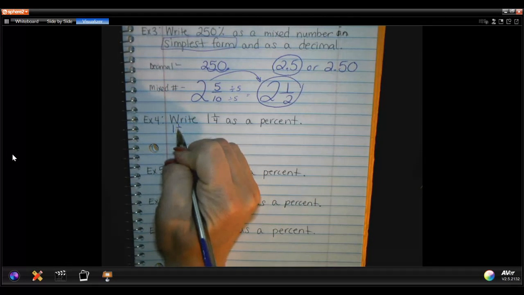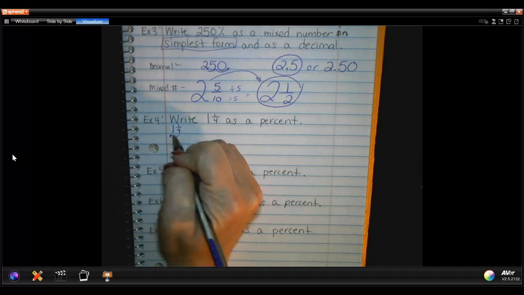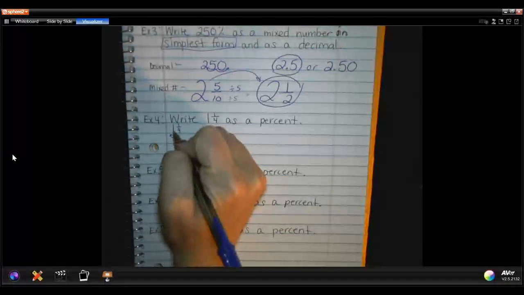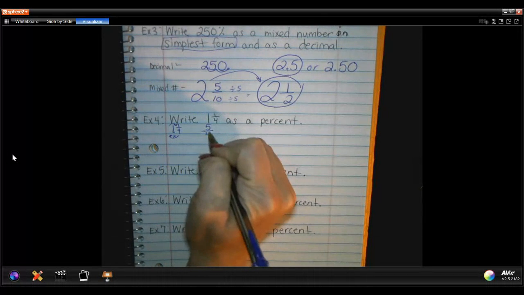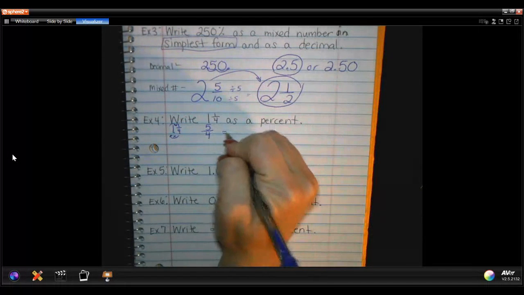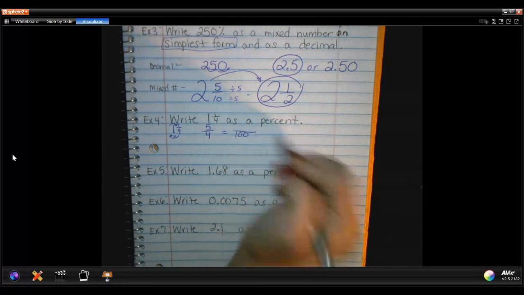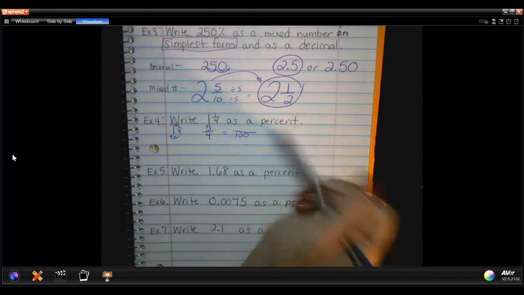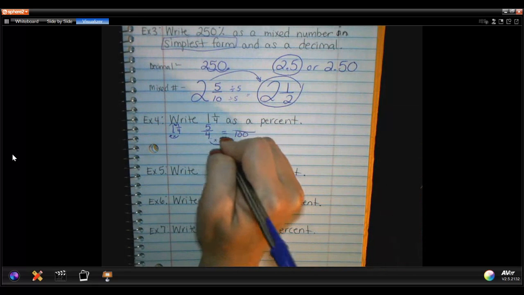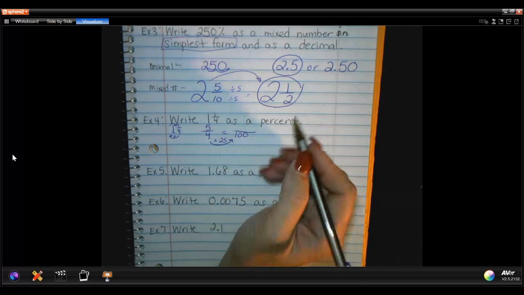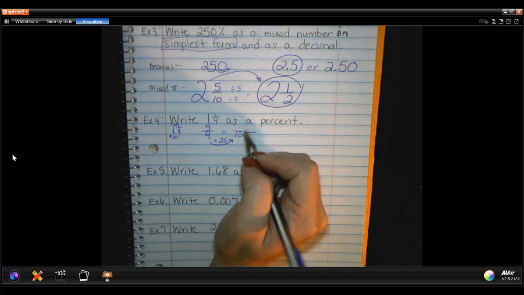1 1/4. 4 times 1 is 4. Plus 1 gives me 5. So I have 5/4. And then I know all percents are out of 100. So I could set it equal to 100 because I know 4 works well with 100. 4 times what number gives me 100? Well, if I think about quarters, 4 quarters equal $1.